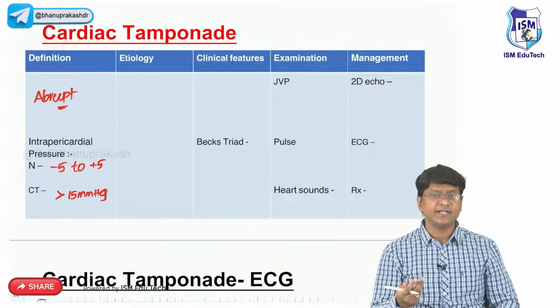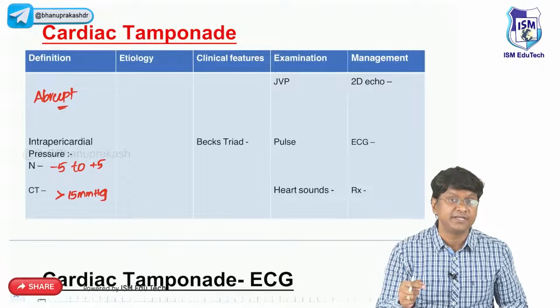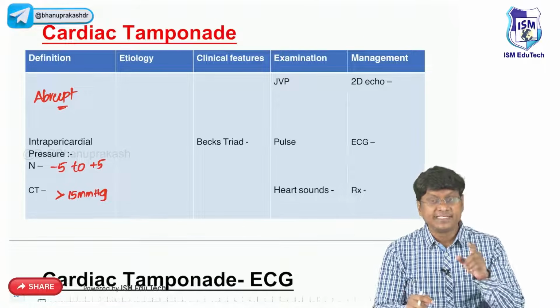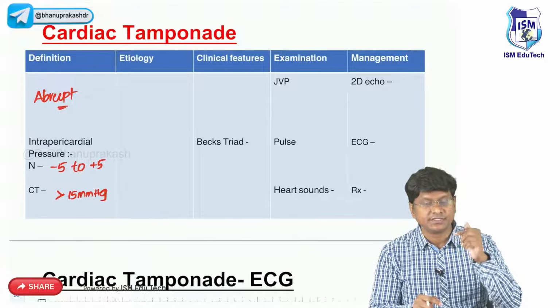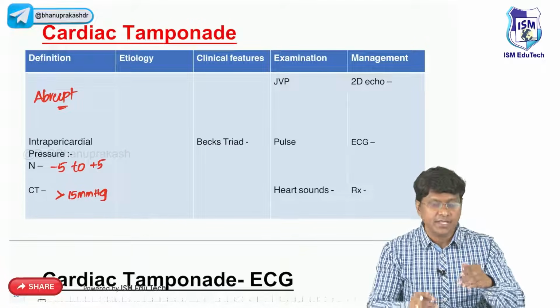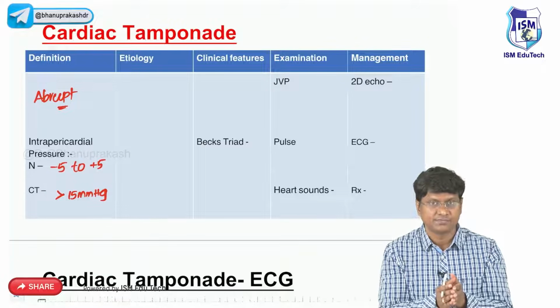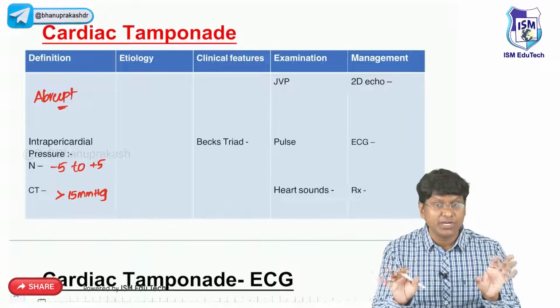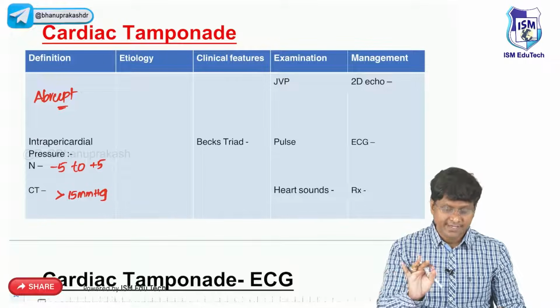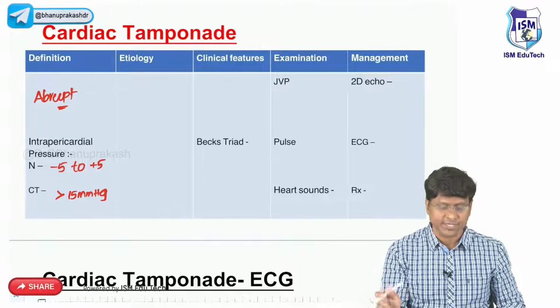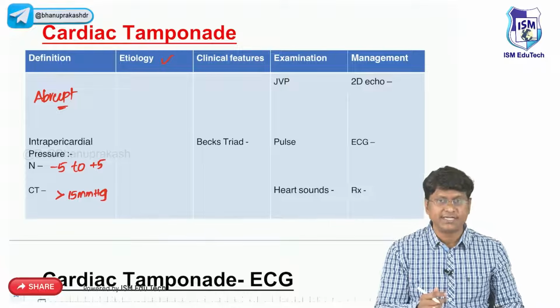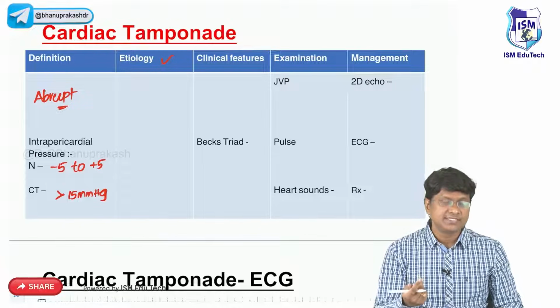Now, when the intrapericardial pressure is greater than 15 millimeters of mercury, what will happen? That will restrict the venous return and the ventricular filling. Because your intrapericardial pressure is very high, the ventricle cannot relax, right? There will be diastolic collapse of the ventricles. Then what is the etiology causing cardiac tamponade?